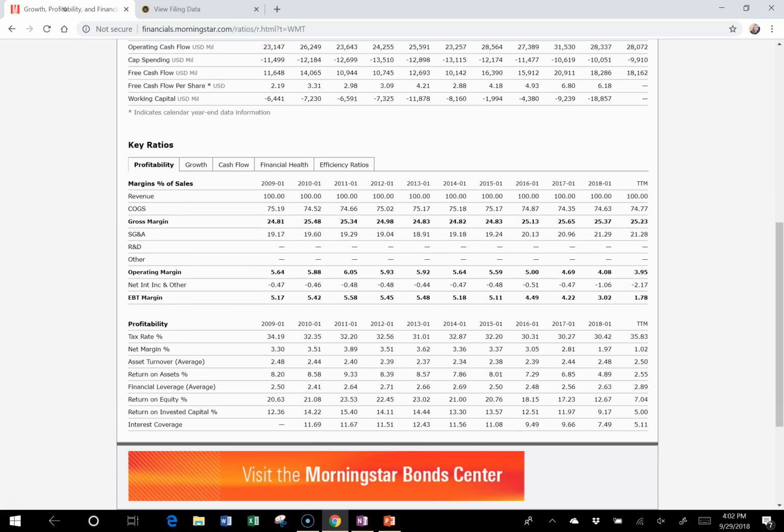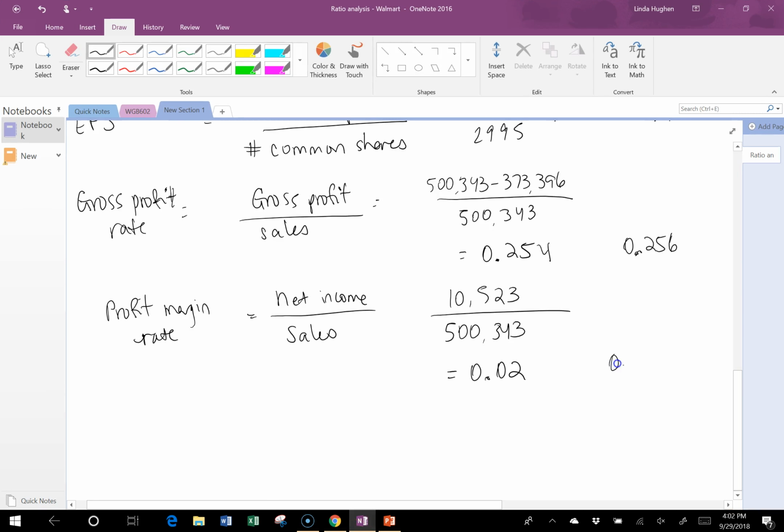Here they call it net margin, and we see that it has ranged from 3.3% to as high as almost 4%. It's now at about 2%, and last period it was 2.8%. So we see a bit of a decline in the profit margin rate since last year.